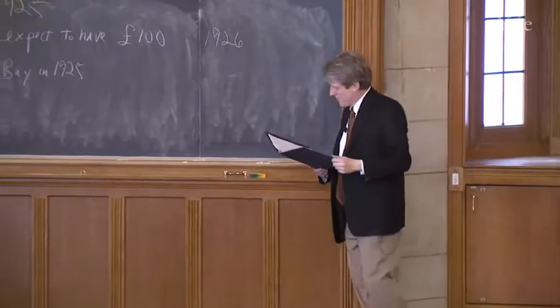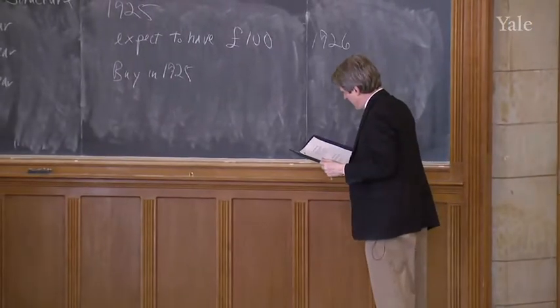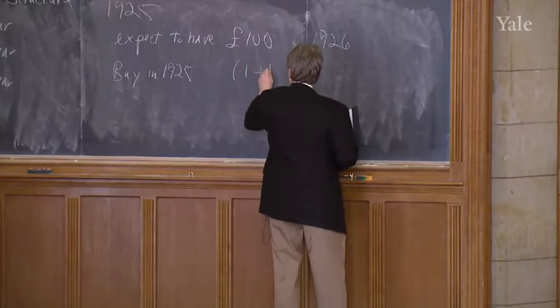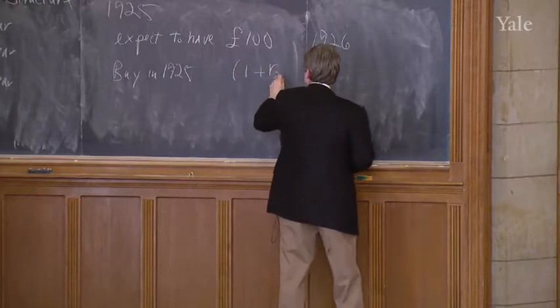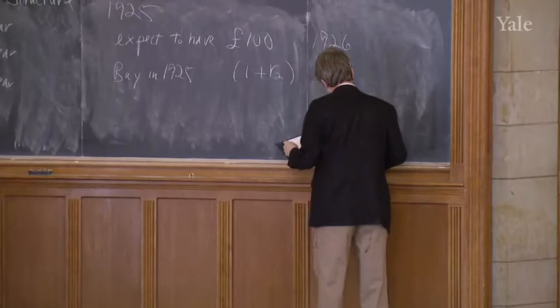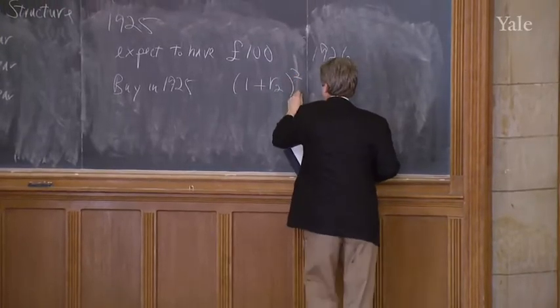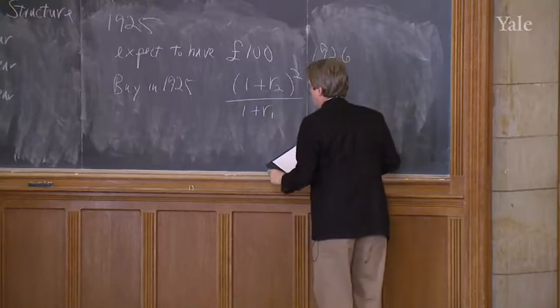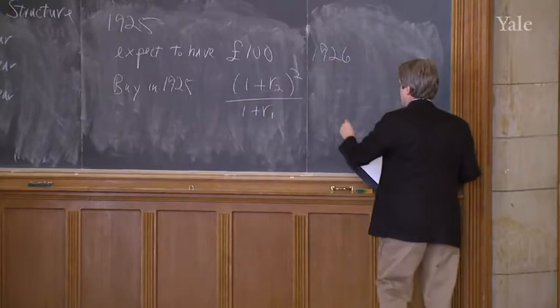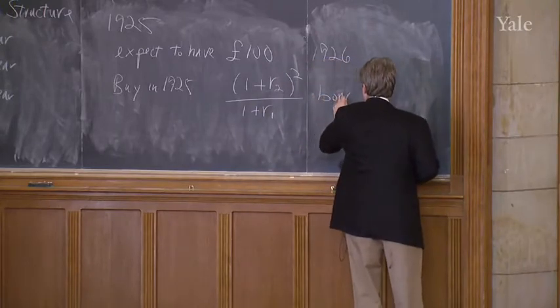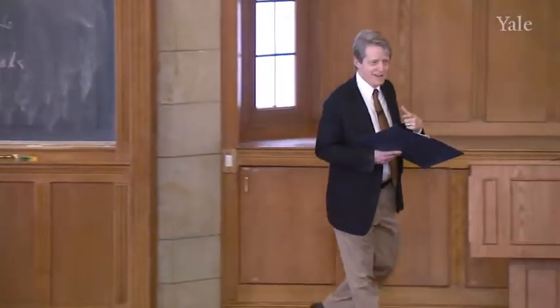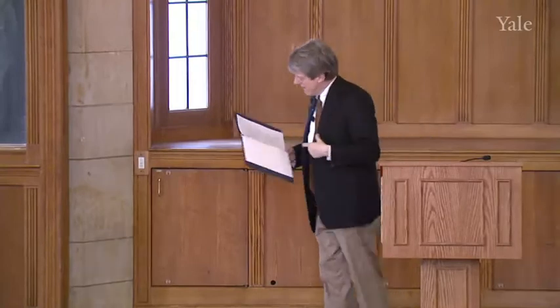You've got to buy the amount right. You've got to buy (1 plus R sub 2, which is the 2-year yield) squared all over 1 plus R1 discount bonds. They'll mature in 2 years, okay?